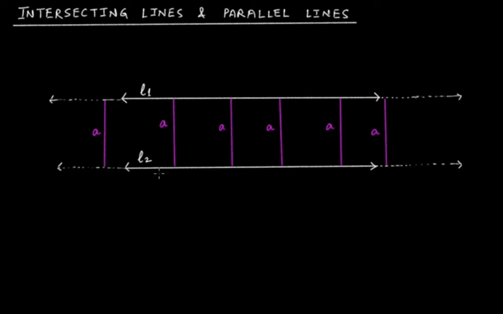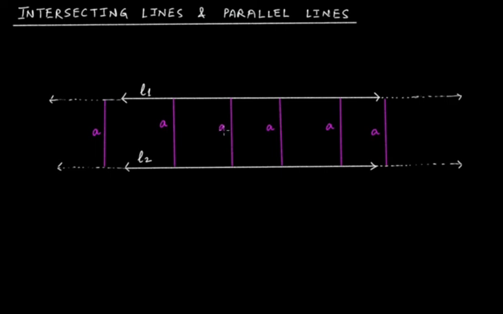So the point is, such lines, as you can see here, L1 and L2, where the distance between these two lines always remains constant, whether you measure it at this position or at this position, or you take it up to the infinite position on this side and on this side, the distance between these two lines will always remain the same.